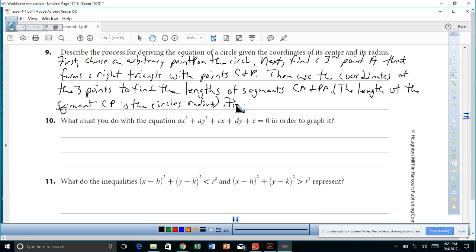Finally, use the Pythagorean Theorem to write an equation of the circle.